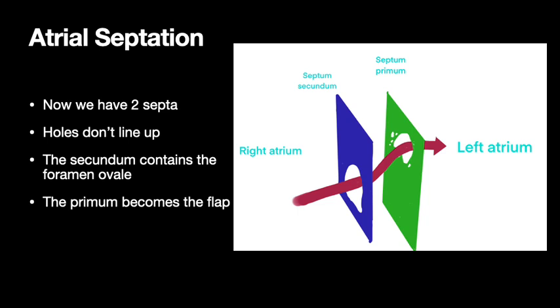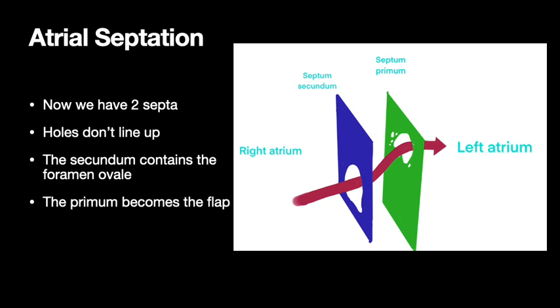All right, so basically, now we have two separate septae between the two atria. And the holes don't line up. You can see the green one is the septum primum, a bunch of little holes that coalesce together, and the septum secundum contains a hole, and that's called the foramen ovale.